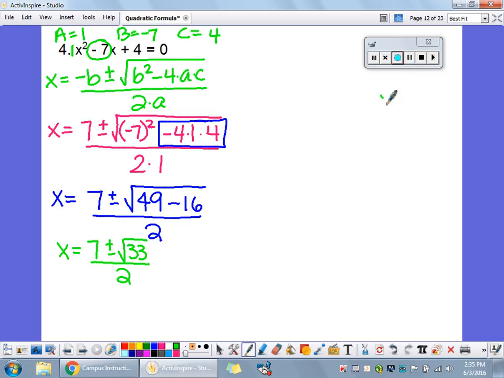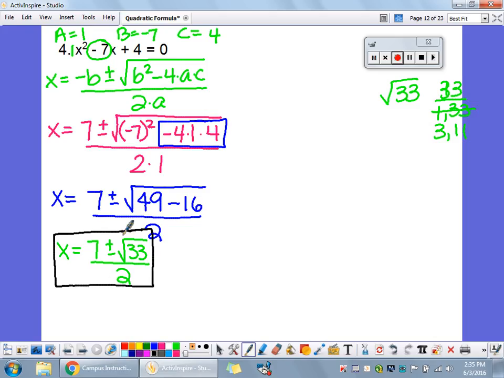If we were going to simplify 33, the factors would be 1 and 33 and 3 and 11. Remember, this one we can ignore, and the only factors of 33 are prime numbers. So 33 can't be simplified any farther. So then that means that our answer is just this. So x equals 7 plus or minus the square root of 33 all over 2.